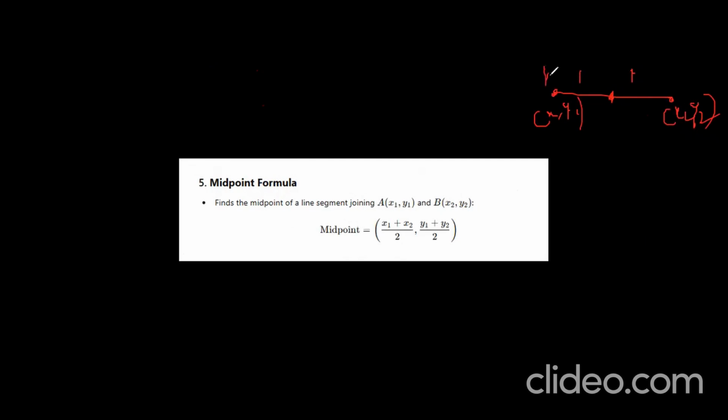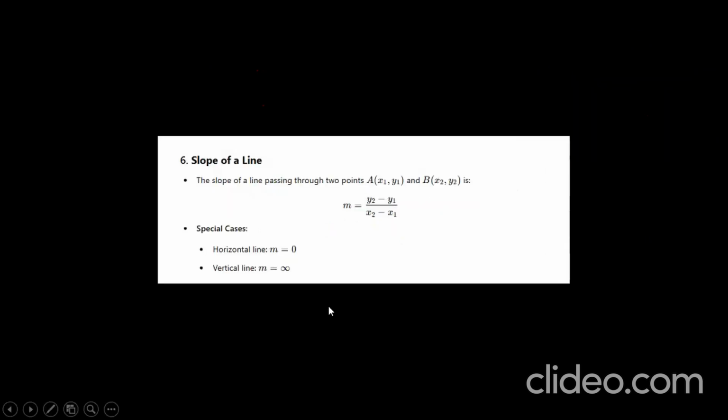Let me take A and B as the 2 points, and C is the division point. I want to find the coordinates of C. So how can I find the coordinates of C? It is (x1 + x2)/2, (y1 + y2)/2. In that manner, if you calculate, you get the midpoint formula, the midpoint coordinates.